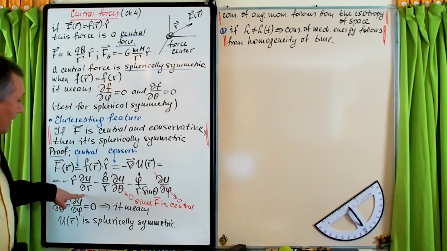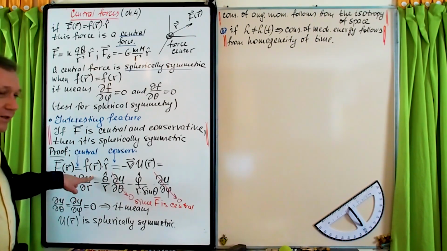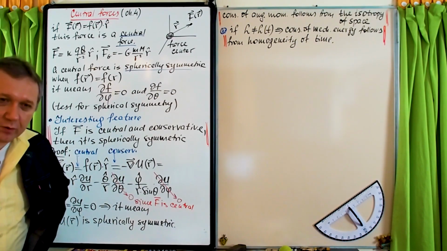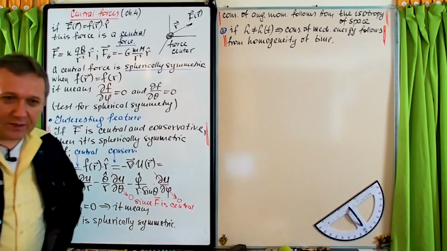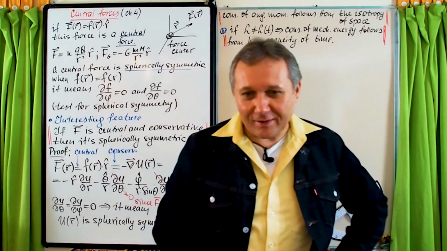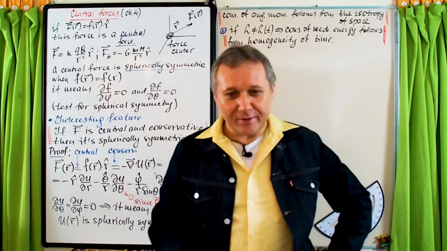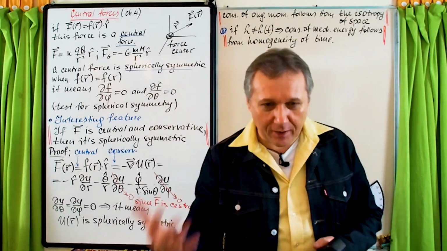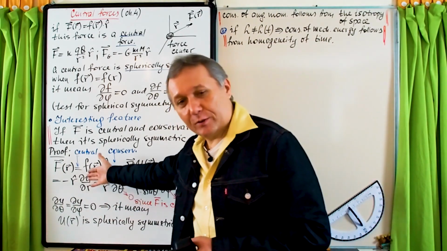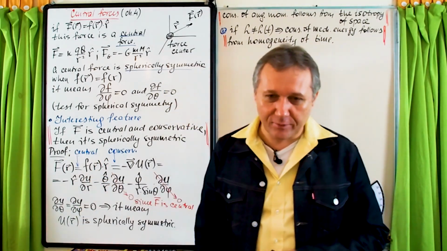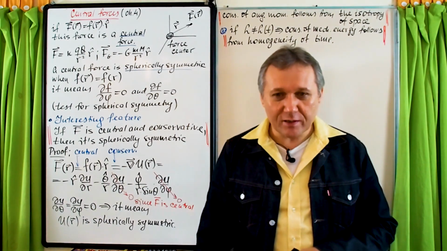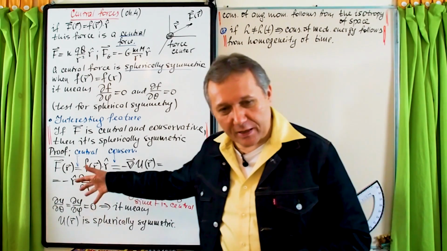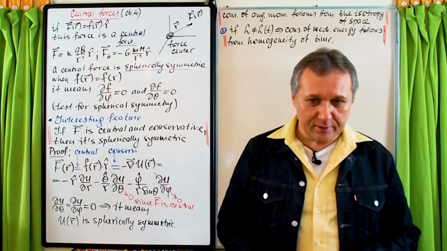And if U is spherically symmetric, then differentiation with respect to R is not going to ruin spherical symmetry. In order to do something bad or good with spherical symmetry, you need to do something with theta and phi. But we are differentiating a spherically symmetric function with respect to R. So spherical symmetry will still be there, and the force F will still be spherically symmetric.